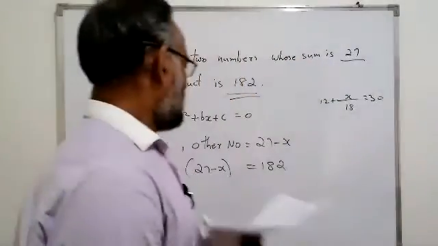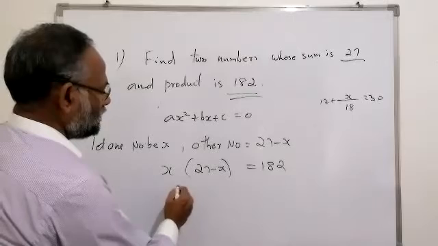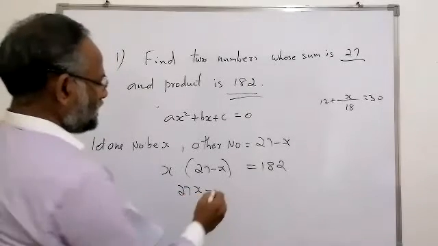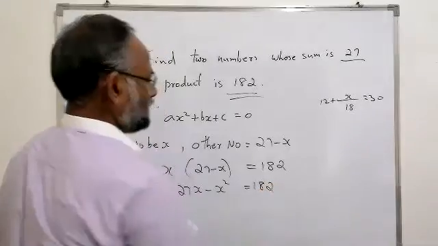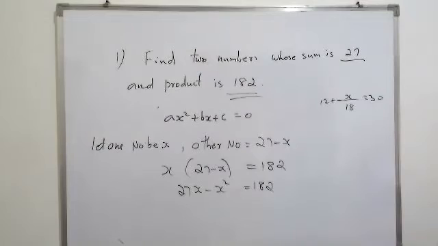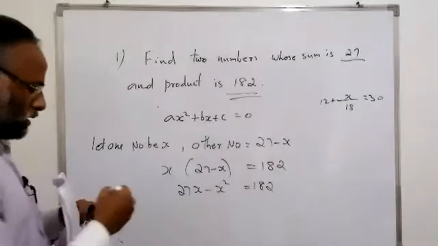Okay. Now here, how can I open the bracket? I can. 27x minus x square is equal to 182. Okay, 27x, but here minus x square. Am I right or not?